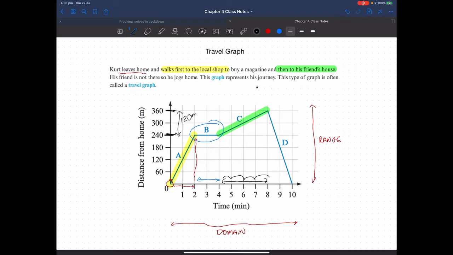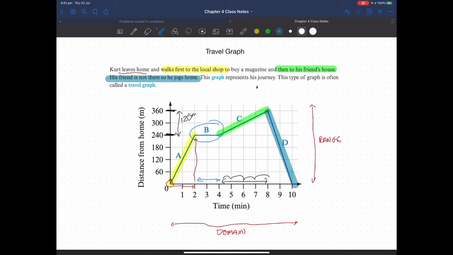It then says to us, his friend is not there, so he jogs home. So what I'm going to do is I'm going to change the highlighter again, and this time I'm going to go to aqua. So the last part of the graph, that is the part where he is travelling home. And I'm going to highlight the part in the sentence which says, his friend is not there, so he jogs home.